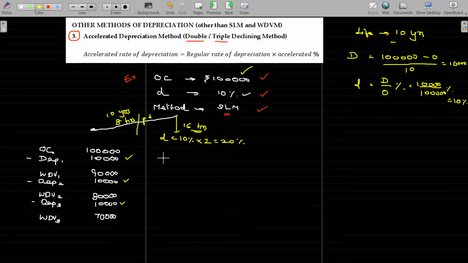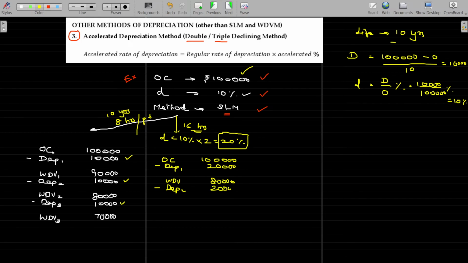So here the original cost being 1 lakh minus depreciation for the first year. It's not at the rate of 10, it's 20% rate will be taken. So first year depreciation being 20,000 and now the WDV being 80,000 rupees. Then depreciation for the second year, again calculate the same way. 20% on the original cost of rupees 1 lakh, this value being 20,000.